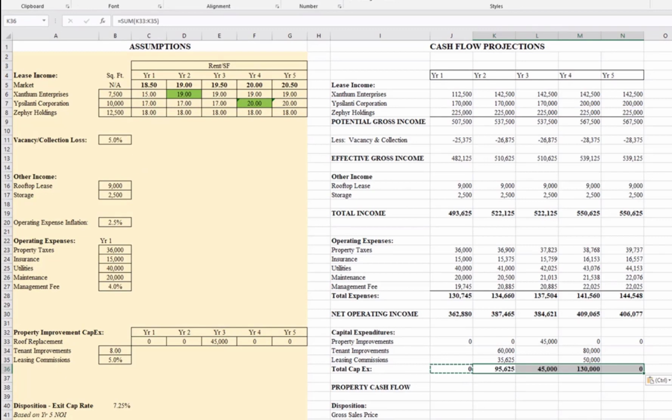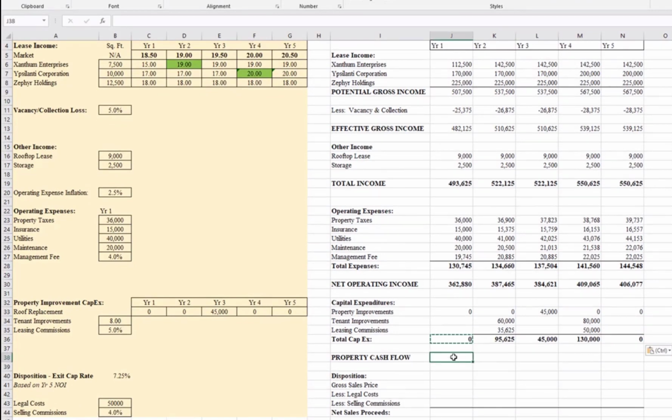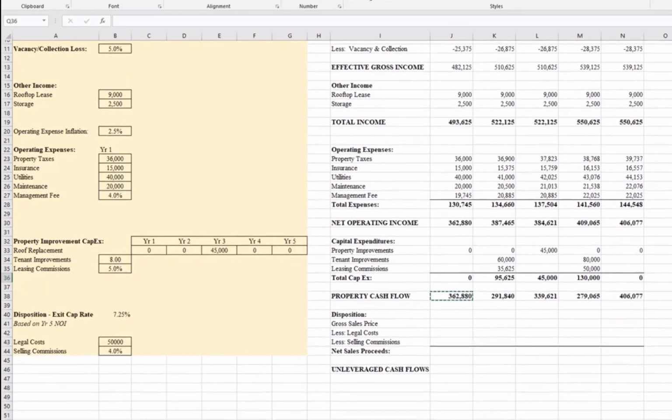So I've got some actual capital expenditures just in years 2, 3, and 4. My property cash flow is going to be the difference between the net operating income and the CapEx. So I'll copy and paste that formula all the way across. And so this is my property cash flow.